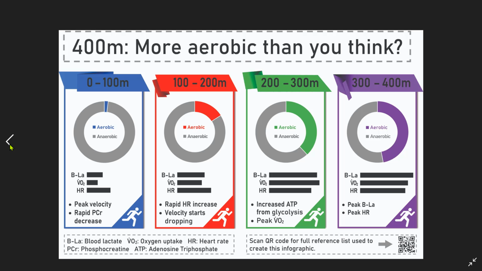And this one again is a great example of a fairly limited colour palette. There are 4 colours. The 4 colours relate to the 4 splits within the 400-metre run. So we understand that using a limited amount of colours is really beneficial.